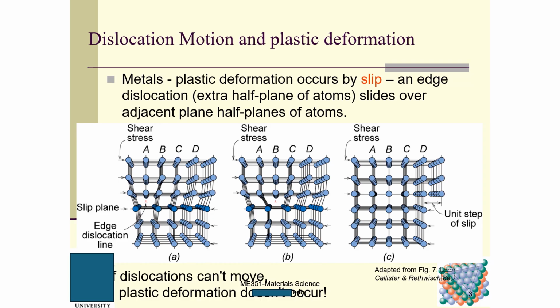Suppose you apply a shear force on the atoms. What will happen? Here, this part, 1, 2, 3, these are three lines, in the direction perpendicular to the screen. When we apply this force, these three lines will be moved from the original position to here.